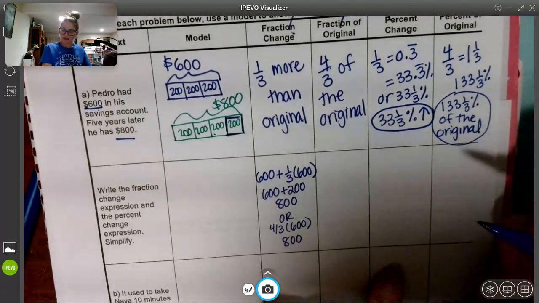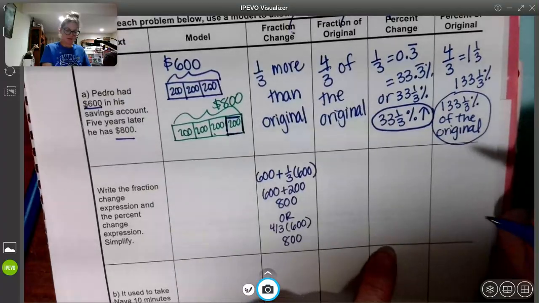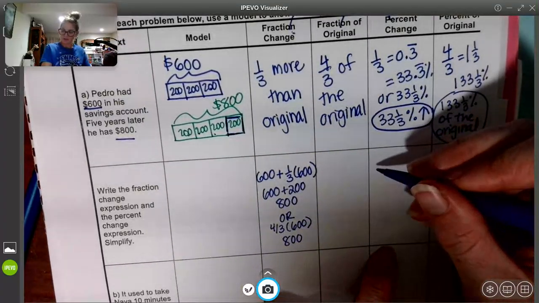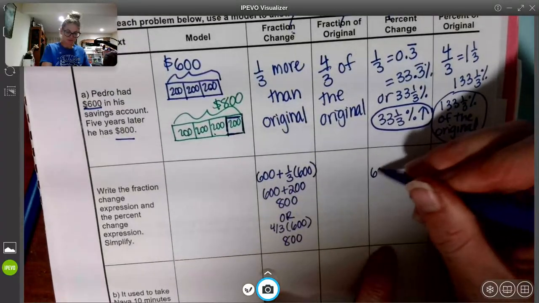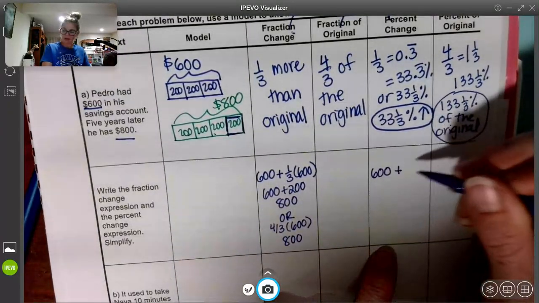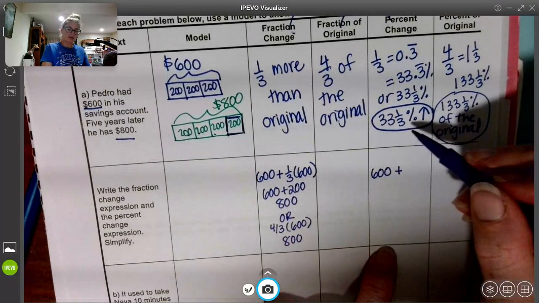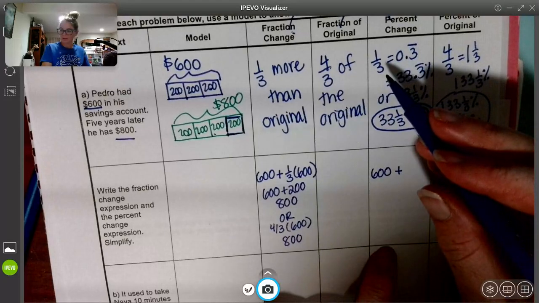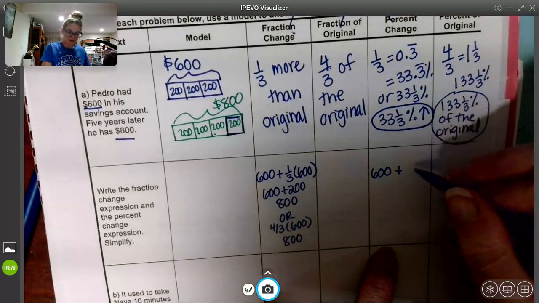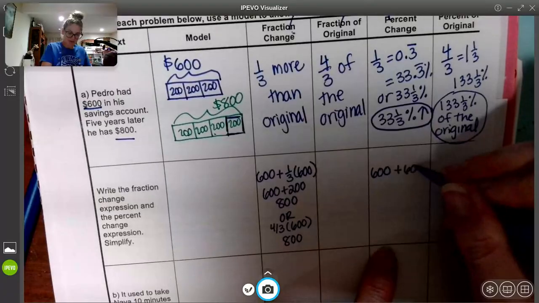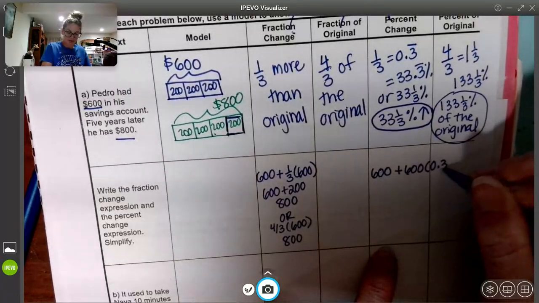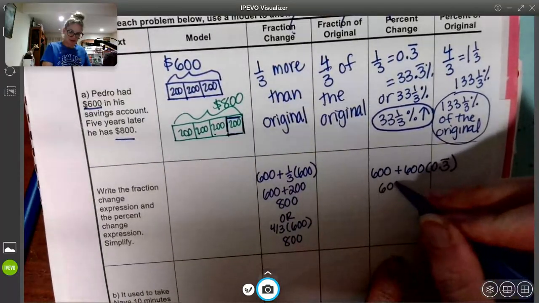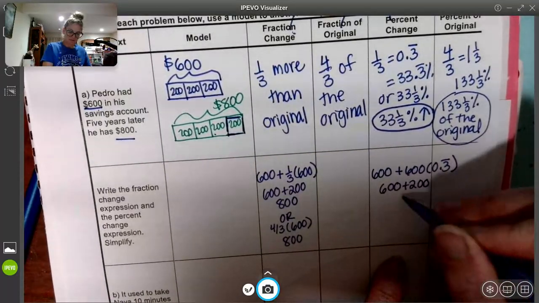If we looked at this as the percent change, we can look at this as 100% of 600 plus, we need to have this percent as a decimal, which we might want to use as a fraction, but okay, I guess we'll have to use it as a decimal because they want us to use decimals. 600 times 0.3 repeating, which we know is 600 plus 200, which gets us 800.